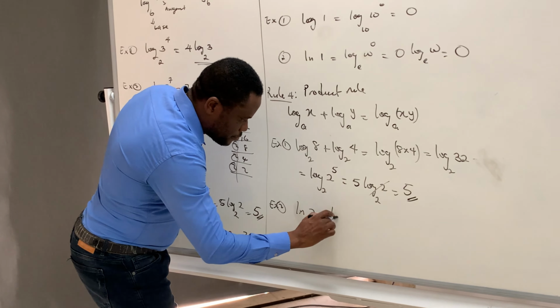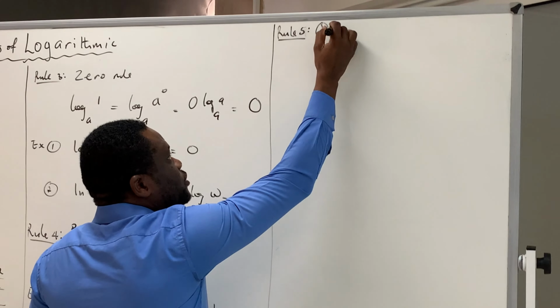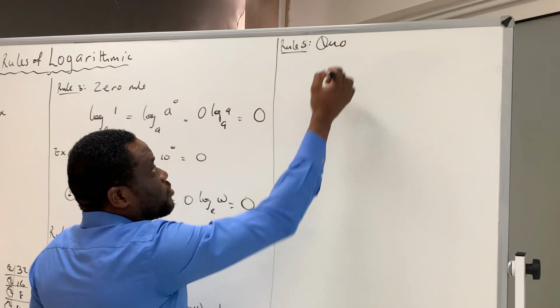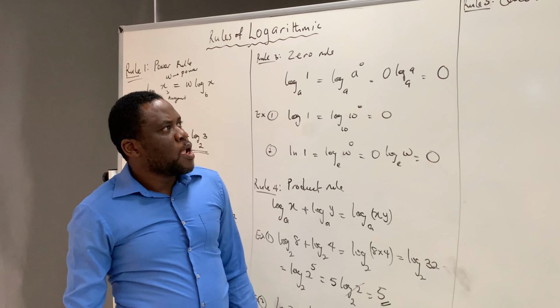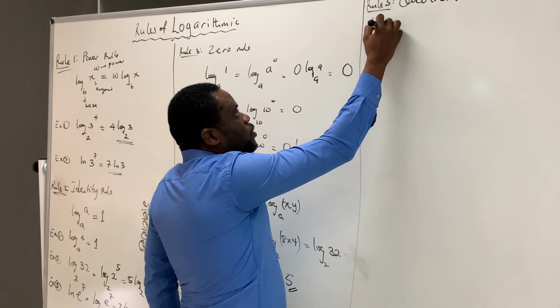Good. Now, fifth rule. Quotient. All these terms are very important. Quotient rule or quotient law. If you have log in base C of A minus log in base C of B. Log in base C is common.